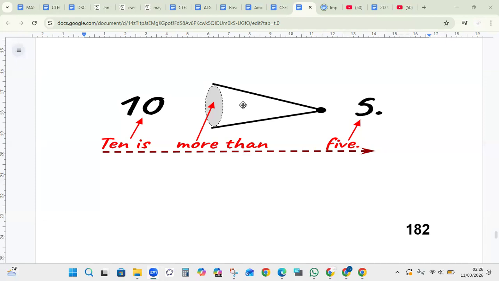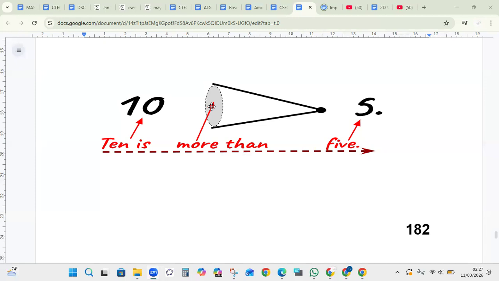So we say 10 is more than 5, full stop. Moving from left to right, when we leave 10 and go to the right, we see the opening. So it's the opening that caused us to say more than, not the entire symbol.